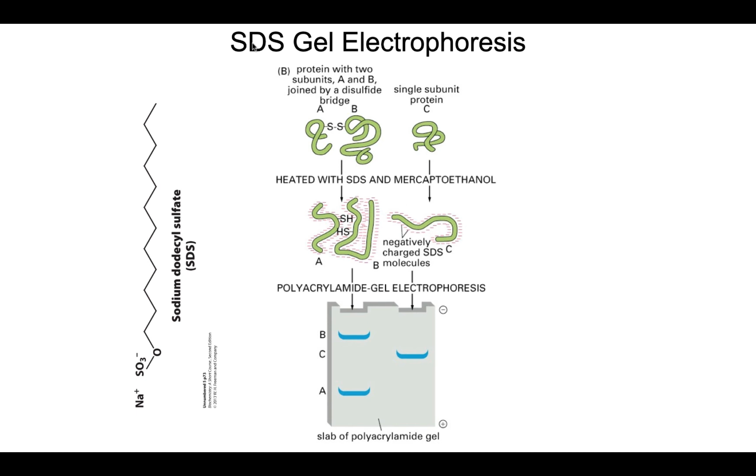And the answer is through a molecule called SDS, sodium dodecyl sulfate. It's got this non-polar tail here. It's got a pretty big negative charge right there. We add that to the protein. We add that to the gel. And what that does is it binds to proteins and it gives them all a net negative charge.